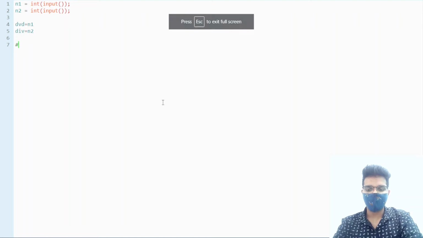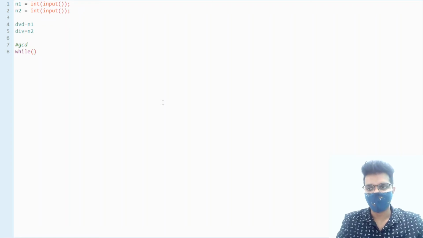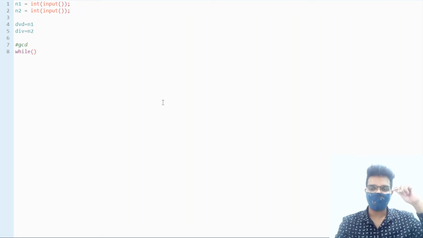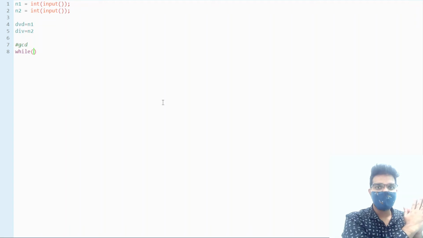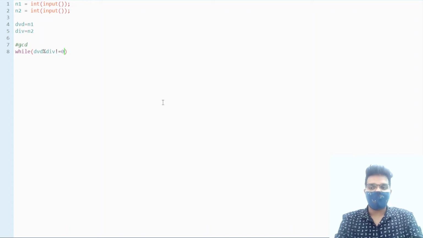Now my first step is to calculate GCD, and until when do we run our loop? As we discussed, until our remainder is 0. If our remainder gets to 0, we'll get our answer. So I write while dividend modulus divisor, since we use the modulus operator to calculate the remainder, is not equal to 0, we will run our loop.